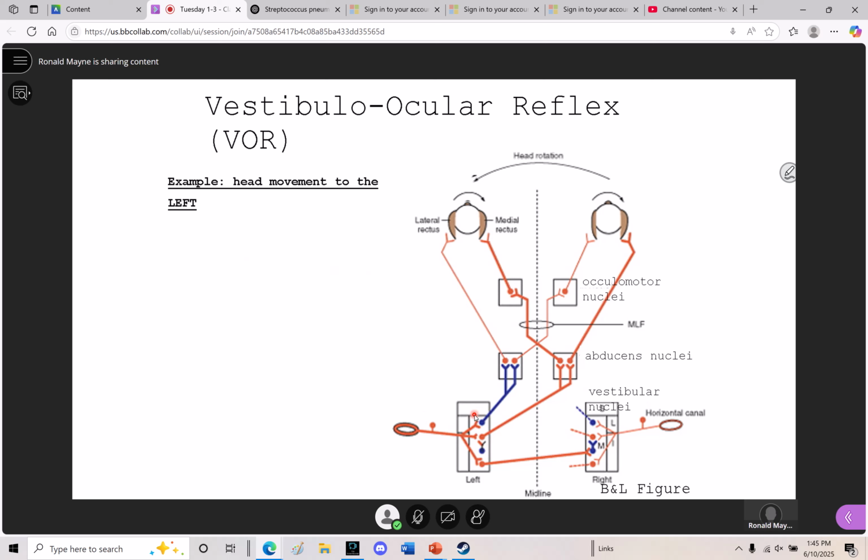In this example, head is moving toward the left, so the eyes are going to move toward the right. We've got ipsilateral pathway, and we have some contralateral pathways. MLF is the medial longitudinal fasciculus.